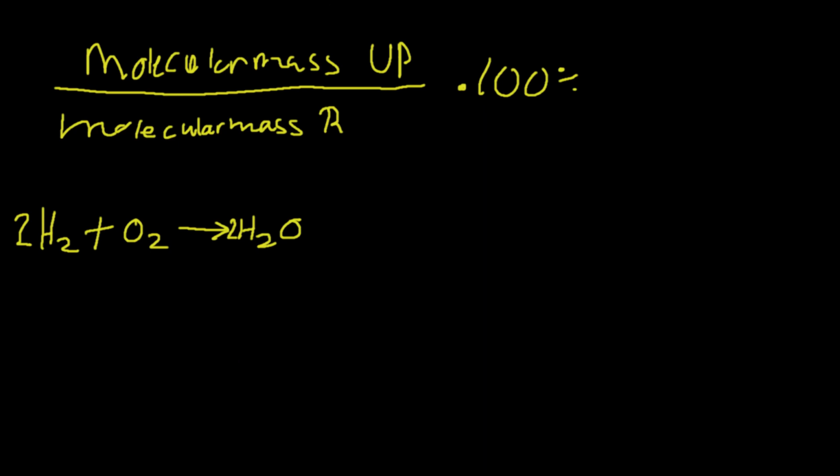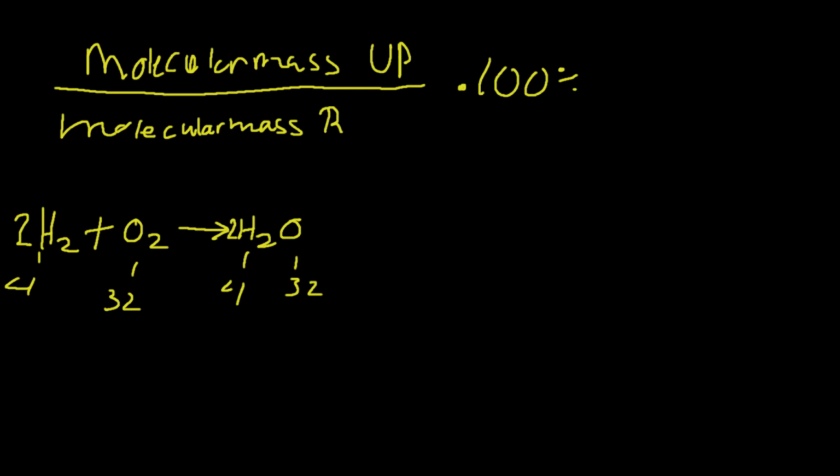So let's say our useful product is water. We want water out of this. So we're first going to find the molecular mass of the reactants. Well, we have H2, so that's 2 times 2, that's going to be 4. And then O2, well, that's just 16 times 2, so that's going to be 32. This is going to be 4, and this is going to be 32.